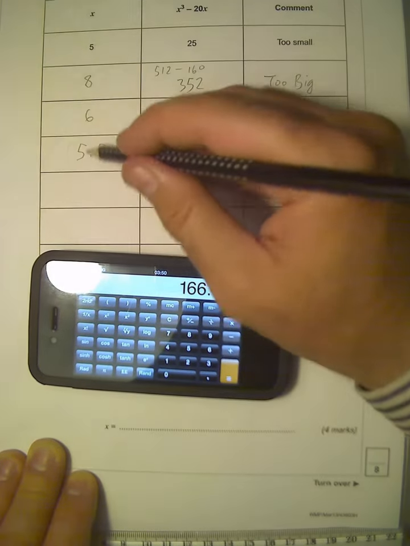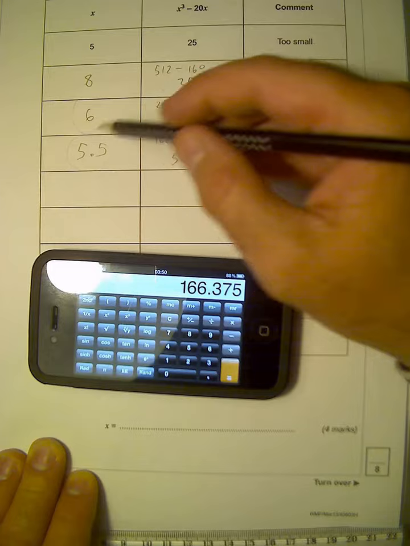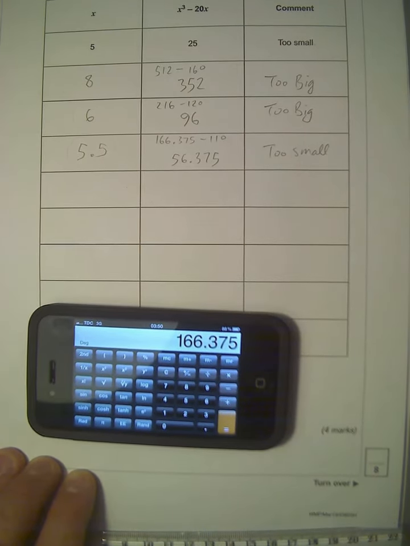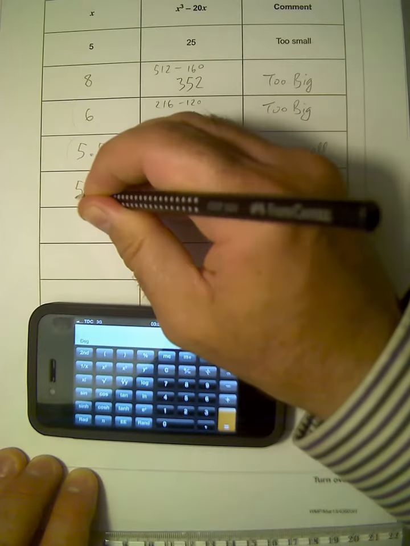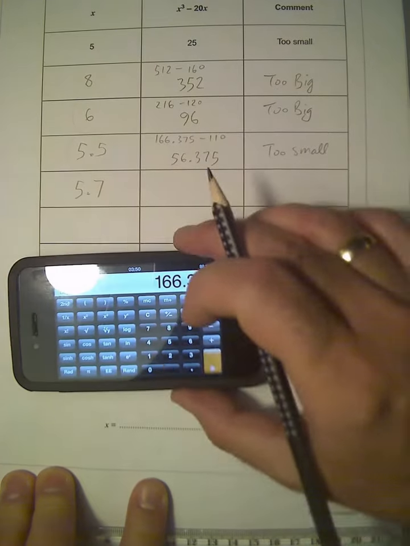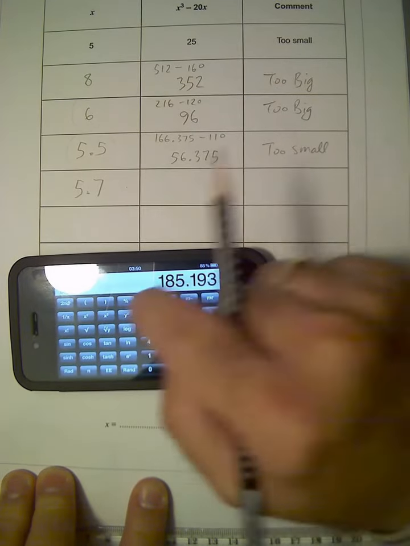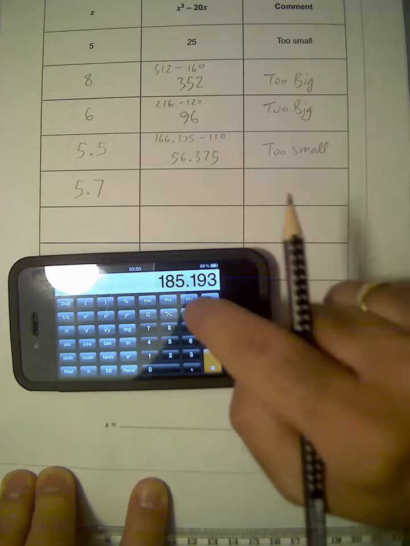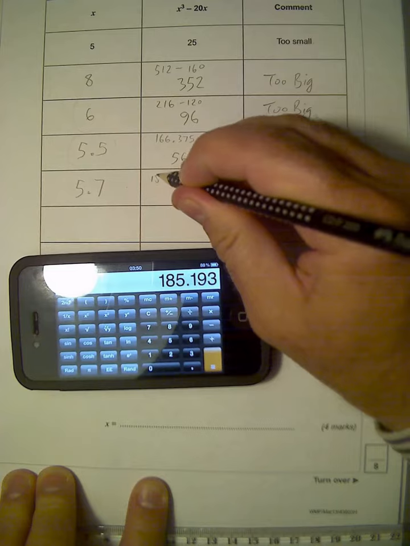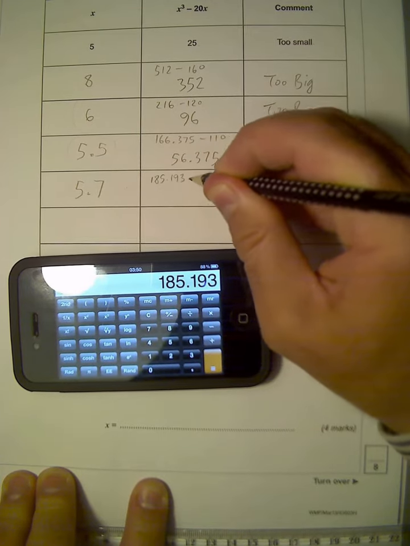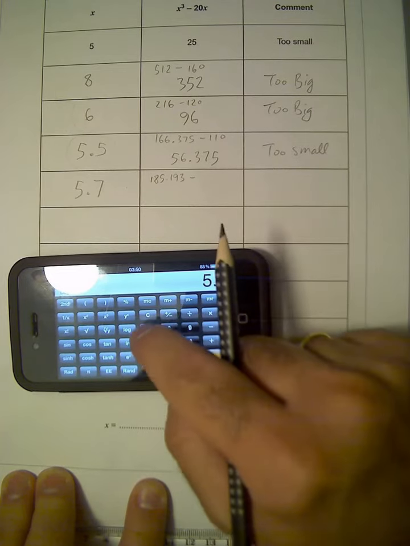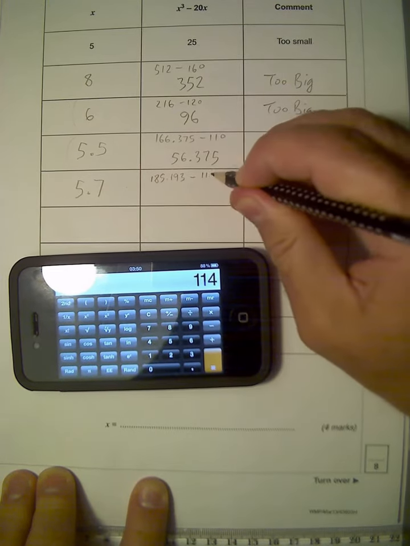So if 5.5 gives you something that's too small and 6 gives you something that's too big, the answer must be somewhere in between. So let's try 5.7. So 5.7 cubed is 185.193. 20 times 5.7 is 114.